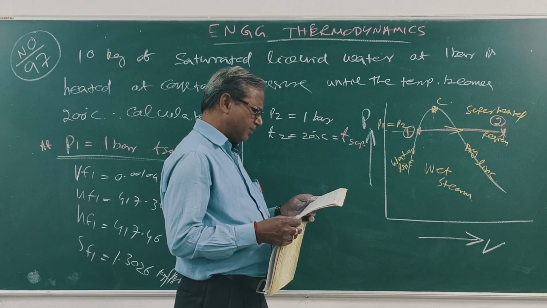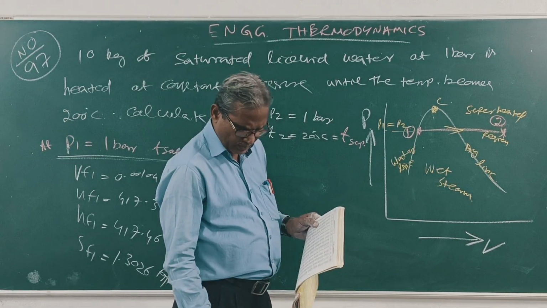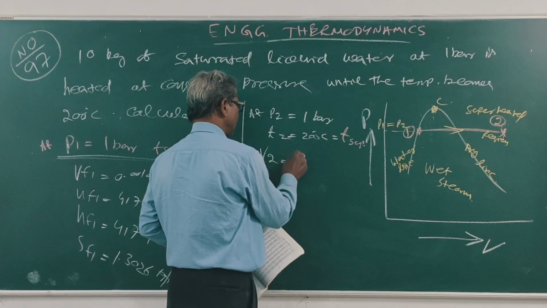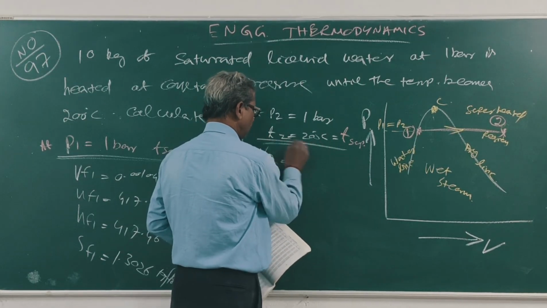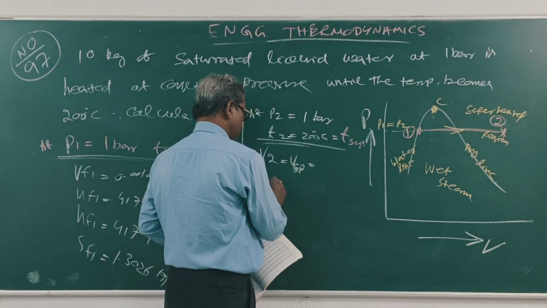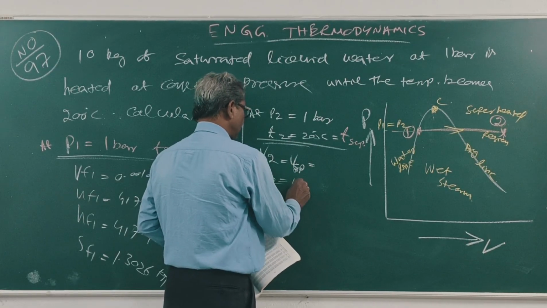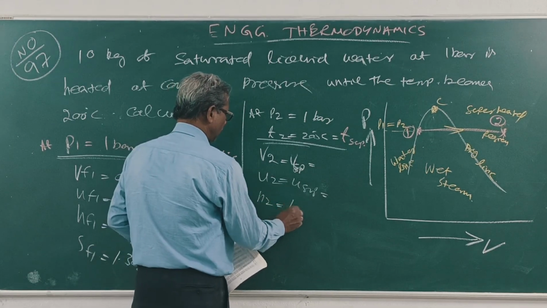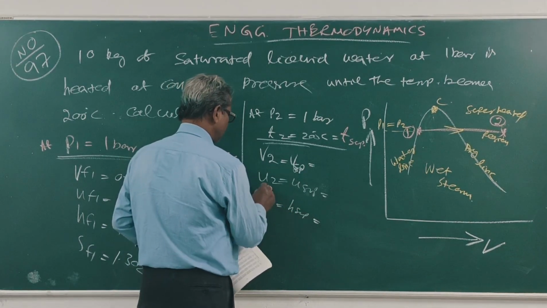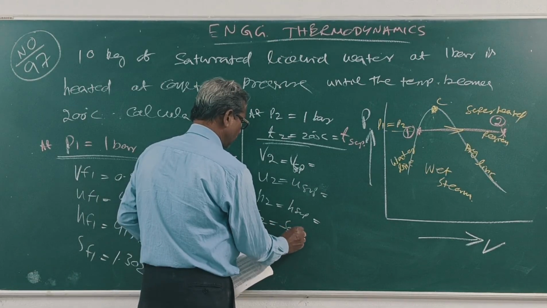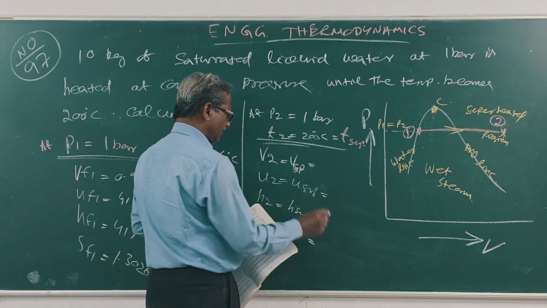V2 is equal to V superheated, U2 is equal to U superheated, H2 is equal to H superheated, S2 is equal to S superheated. Clear?